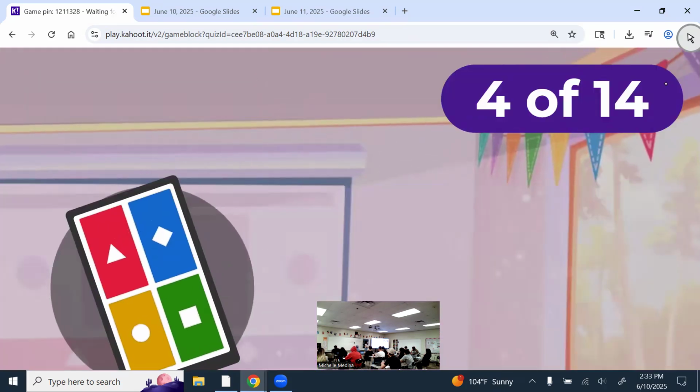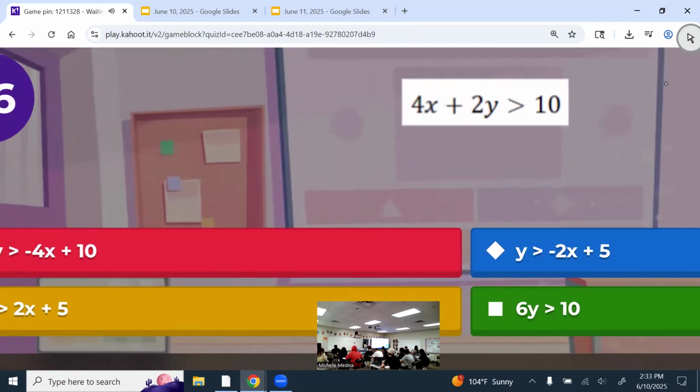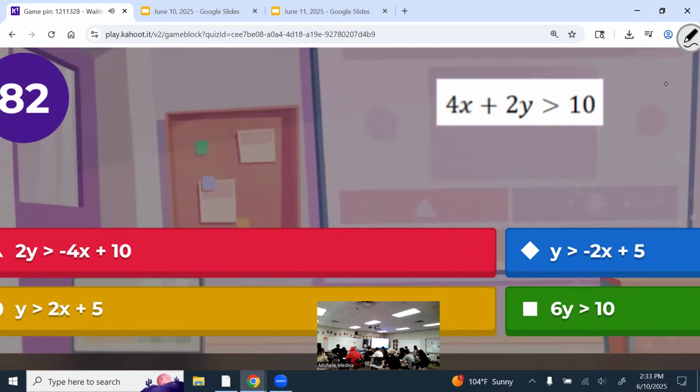Okay, so convert this one into slope-intercept form. Put your answer in and take down some notes.